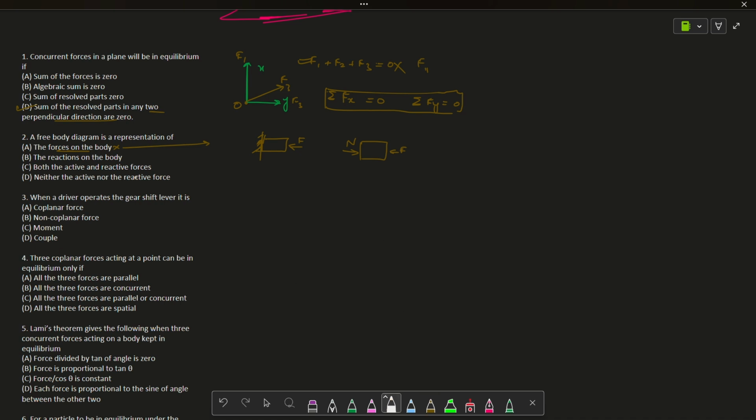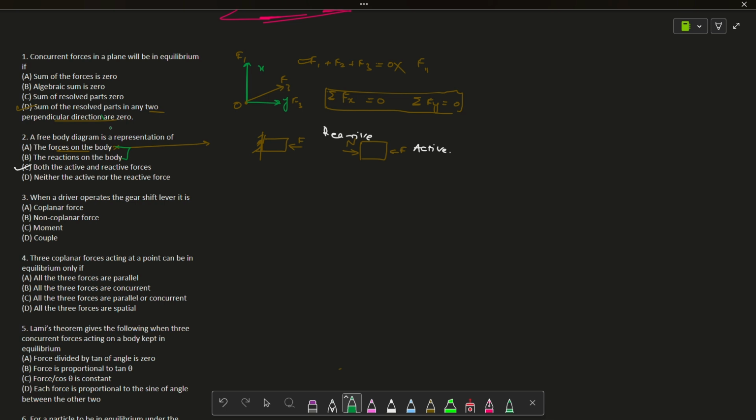That means action and reaction, both. So both active and reactive forces. This normal reaction is the reactive force, and this one is the active force. Both should be added. So neither only the active nor only the reactive, but these two forces are represented together in a free body diagram.